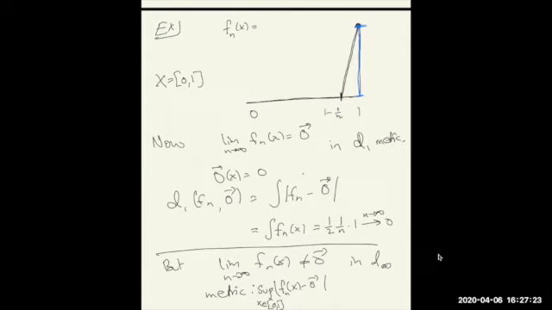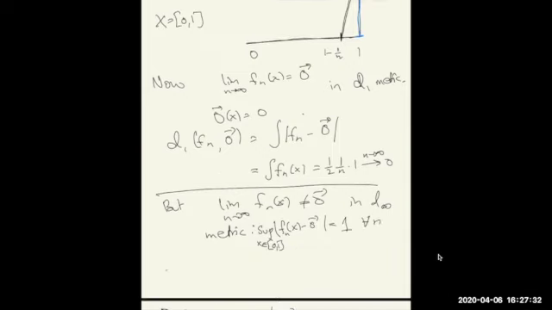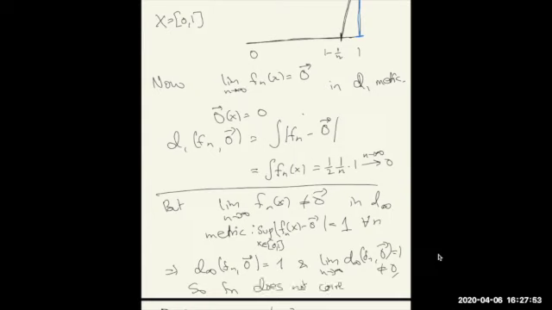So this is an upper bound for the set, and it is attained. So the supremum is equal to the maximum, which in this case is equal to 1 for all n. And this means that the distance infinity of fn to 0 is always equal to 1, and the limit as n goes to infinity of the infinity distance of fn to 0 is equal to 1, which is not equal to 0. So fn does not converge to 0.